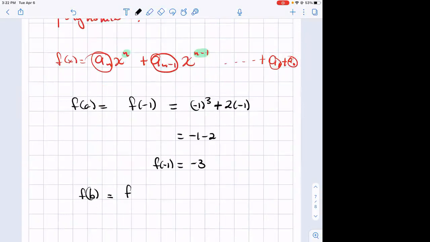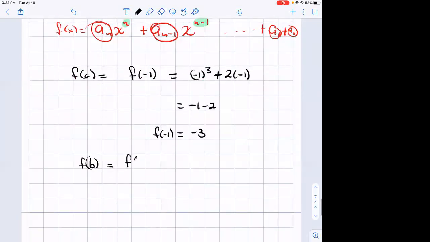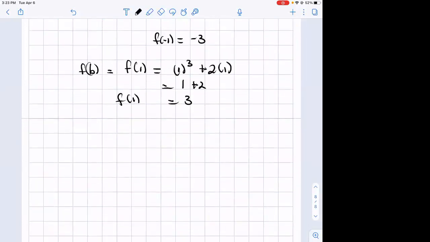So f(b) will now be f(1), which is equal to 1 cubed plus 2 times 1, which is equal to 1 plus 2, which is equal to 3. So f(1) is 3. Okay? Now the question is, what is f'(c)? Remember, f'(c) is f(b) minus f(a) over b minus a.